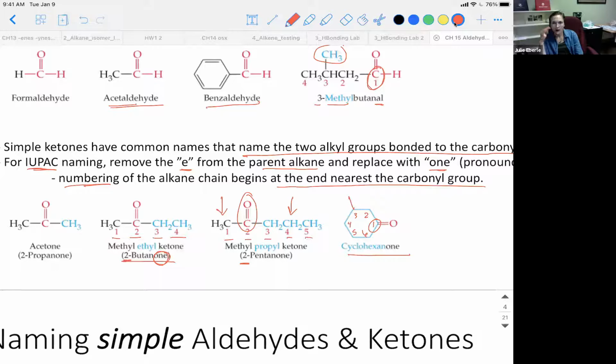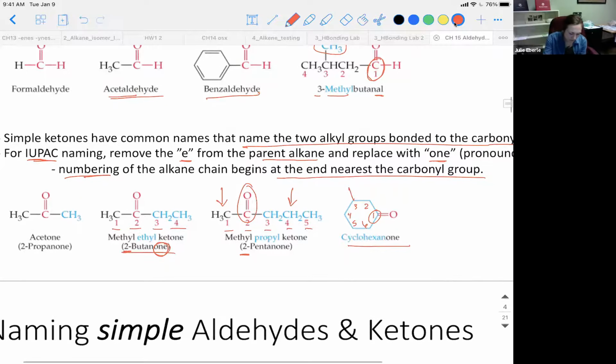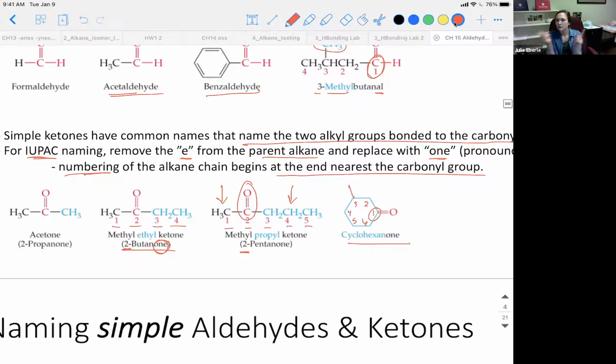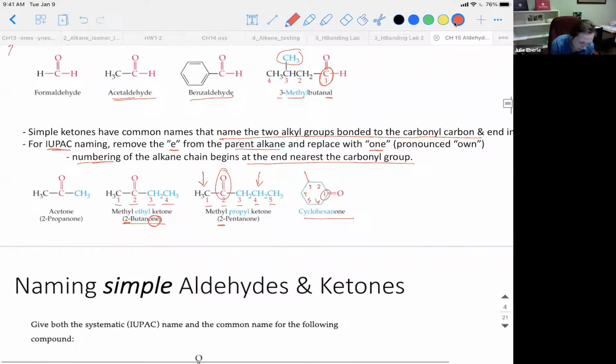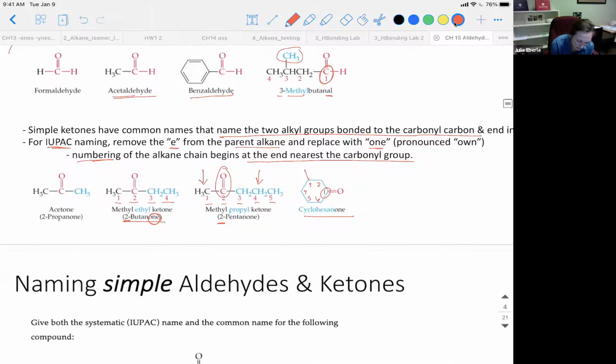But if you ever have a question, just put it in alphabetical order. I would certainly accept that, because whether you invert this molecule 180 degrees or not, it's the same molecule. All right, great question. Any other questions?